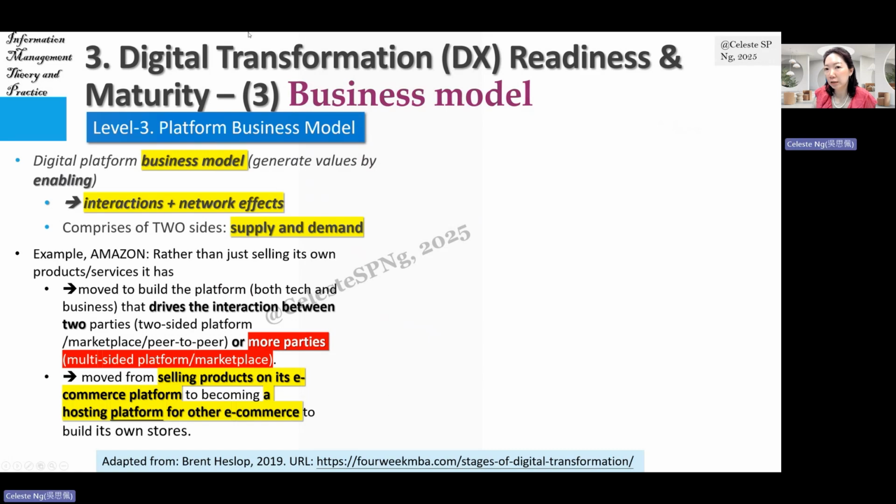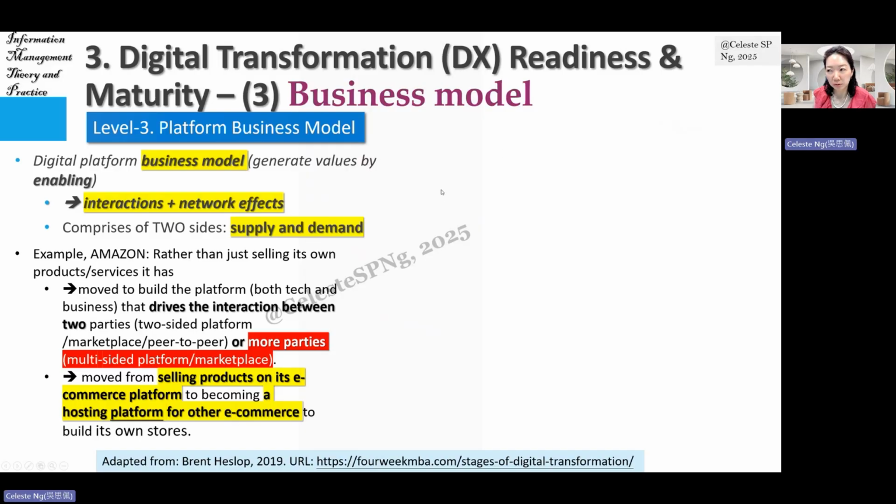And then in level 3, platform business model comes in. It's an online environment that aggregates various interactions from the supply side and from the demand side.